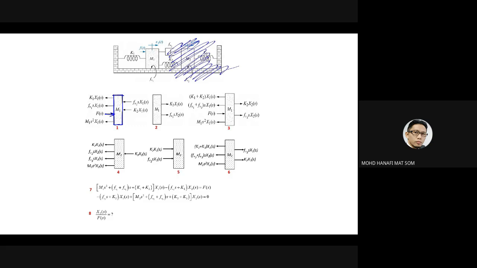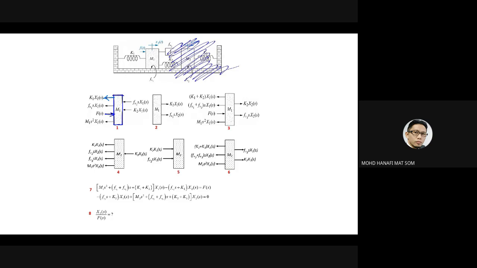And then the others is the counter movement due to the force of M1, where we have the spring K1 in the opposite direction. Because when you push M1, you have a spring connected to the wall, so there will be a counter reaction from the spring.